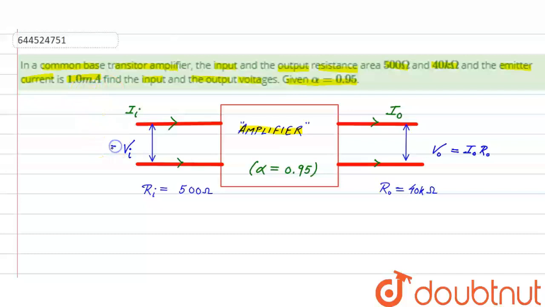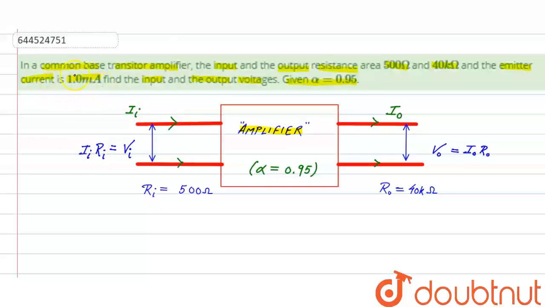Similarly, we need input current and input resistance. We are provided with the input resistance and output resistance as well. So our job is just to find the currents present in the input and in the output. So this is one of the currents, 1.0 milliampere.